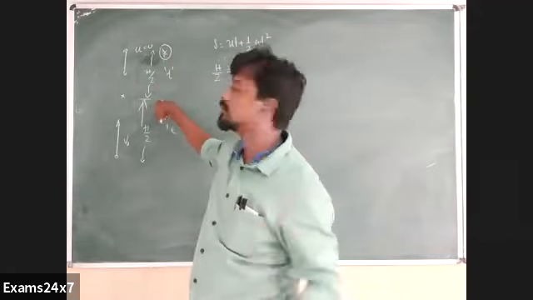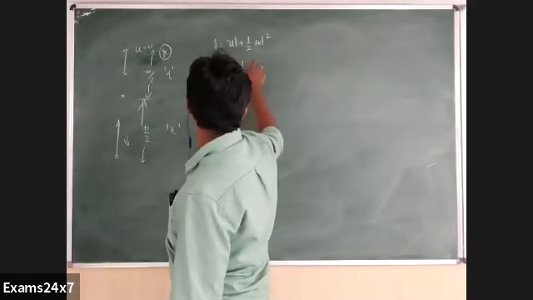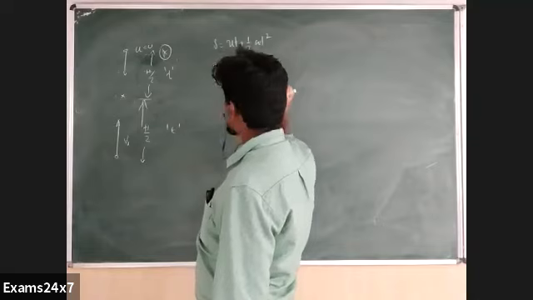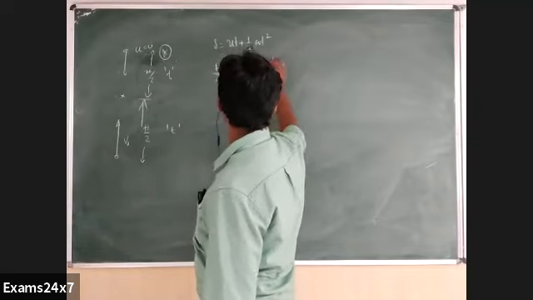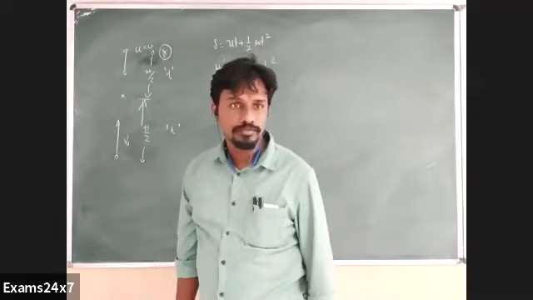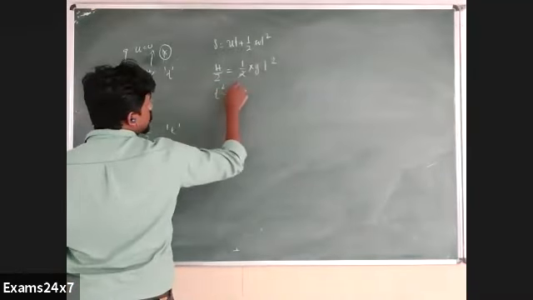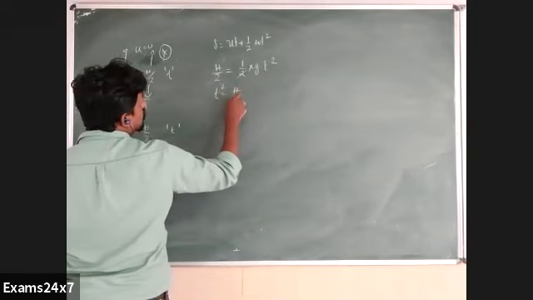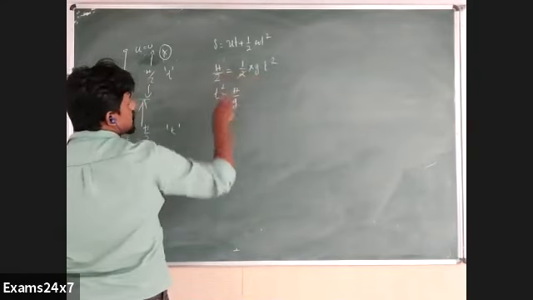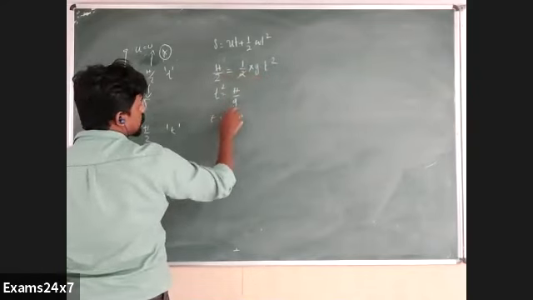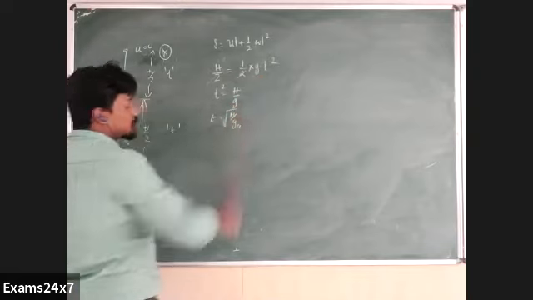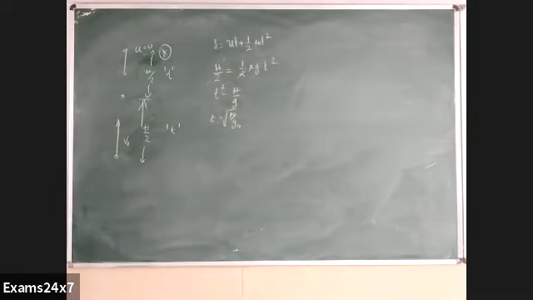It is dropped. So h by 2 is equal to half g t square. The 2 gets cancelled. t square is equal to h by g. t is equal to root of h by g.